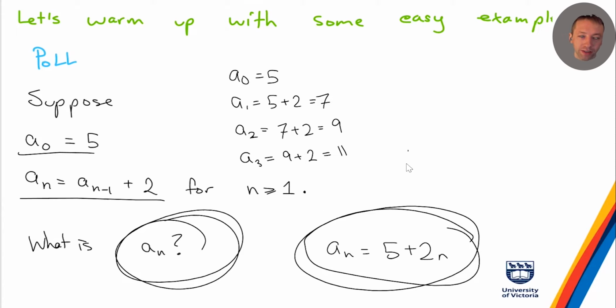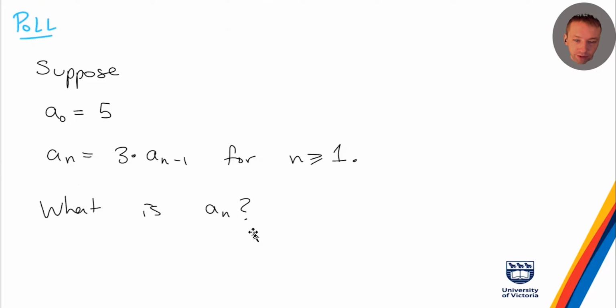Here's another one. Suppose I take this recurrence relation. Again, a_0 is 5, but this time a_n is 3 times a_{n-1}. So what's a_n? Okay, we got 5. a_1 is 5 times 3.